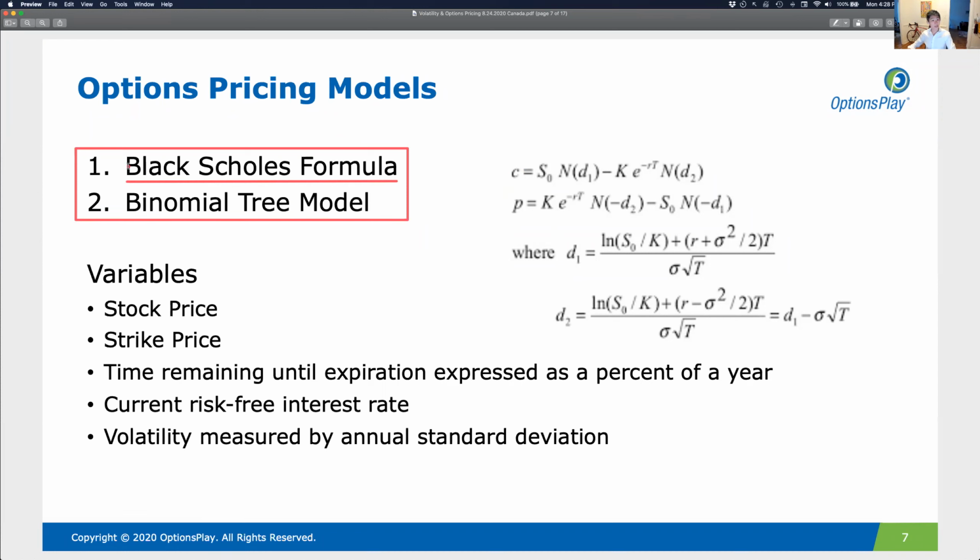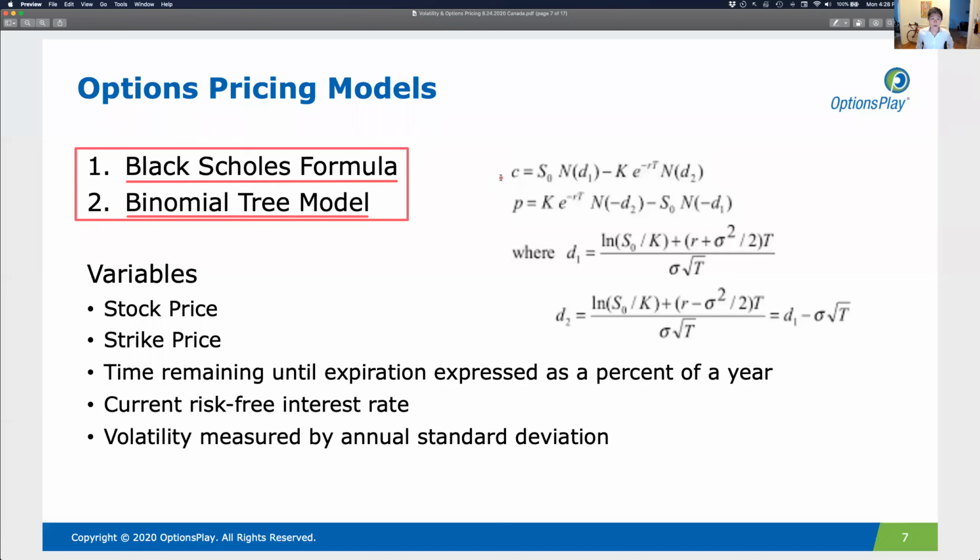There are some limitations to the Black-Scholes model because it's really only useful for non-dividend paying stocks. When we think about European options, I'm sorry, it's generally good only for European options. But when we're trading American options, especially American options with dividends, that's really where the binomial tree model is more useful, because it can account for discrete dividends, versus Black-Scholes only allows for a continuous dividend, which we know dividends aren't.